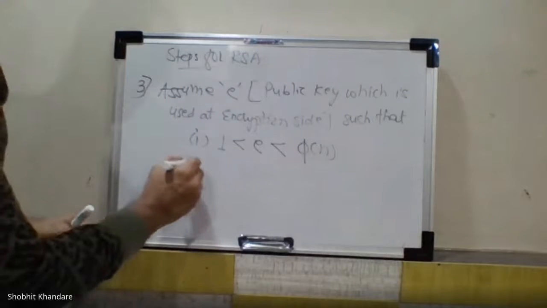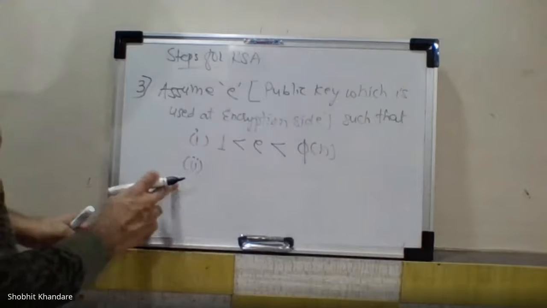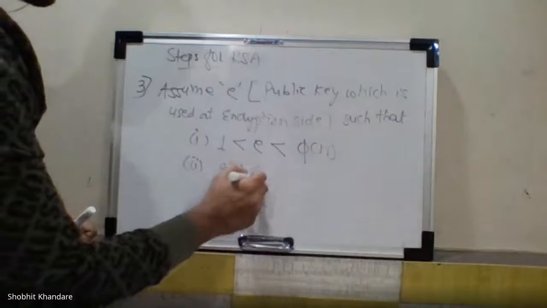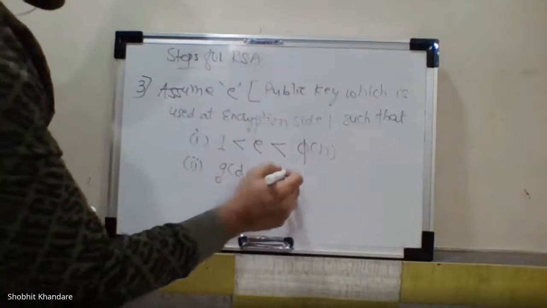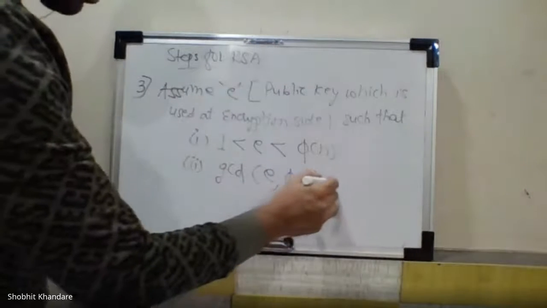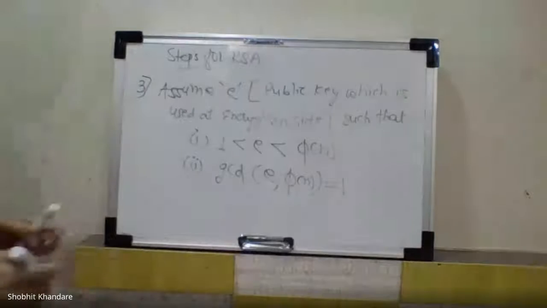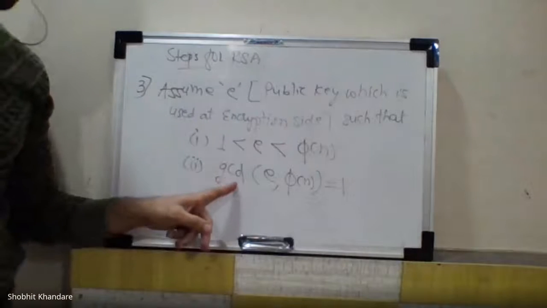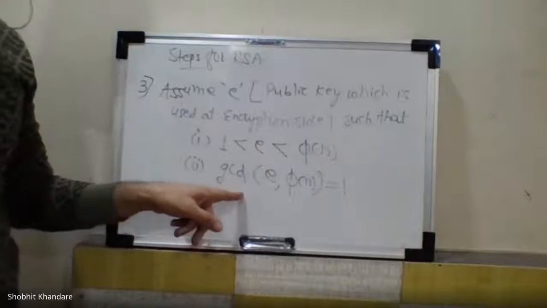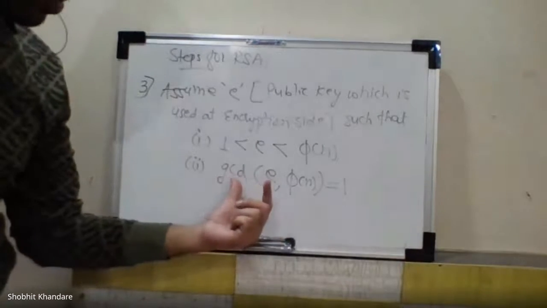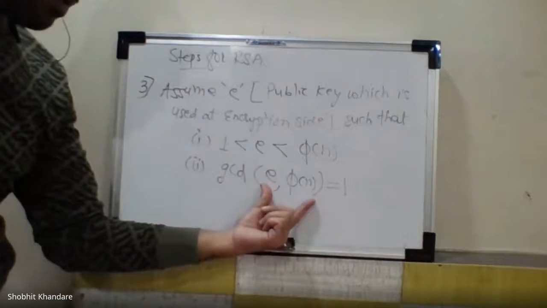And the second condition is, GCD of e comma phi of n should be 1. GCD stands for greatest common divisor. So I want the greatest common divisor of e and phi of n to give me 1.